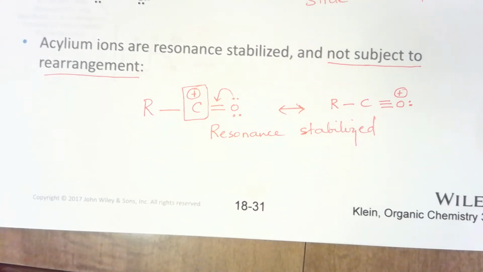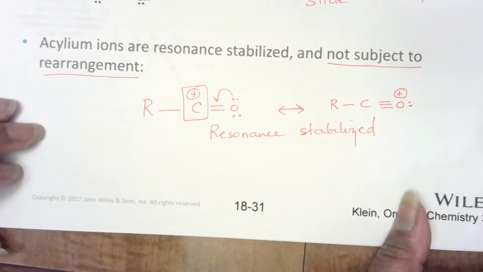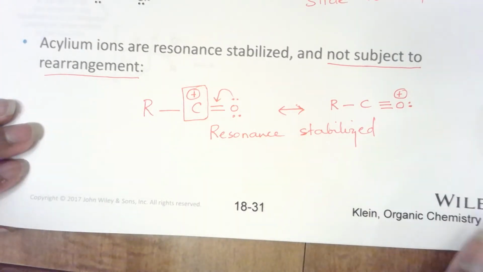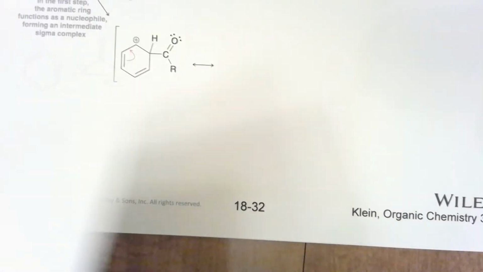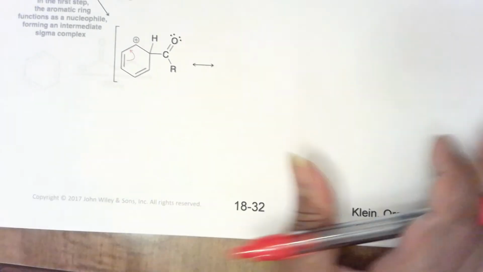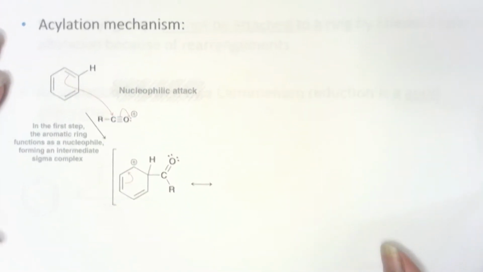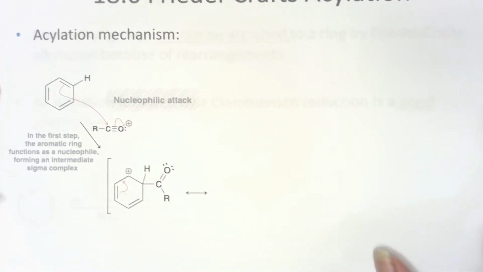Now let's look at the entire mechanism. We've shown how the electrophile is produced. So how does the electrophile then undergo reaction with a benzene ring? So the format is going to be very similar to the reactions you've seen before.